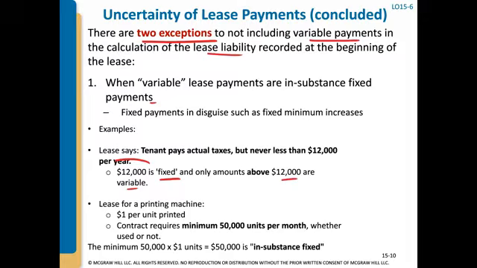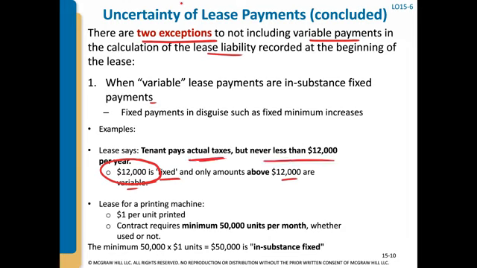So for this lease, our lease payments that we're going to record in our lease liability and lease receivable, lessee and lessor side, is going to be $12,000, let's just say a year. We're going to present value those lease payments depending on the lease term. But the $12,000 is essentially fixed, even though it says only that they pay actual taxes, but never less than $12,000.